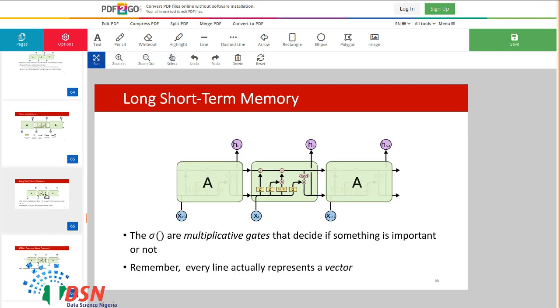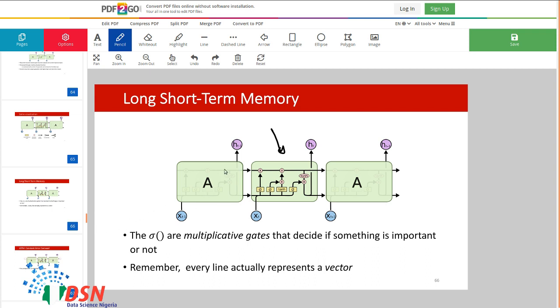Okay, so in LSTM, each block has this kind of architecture. So now we want to discover what this architecture can do and what characteristics it has.